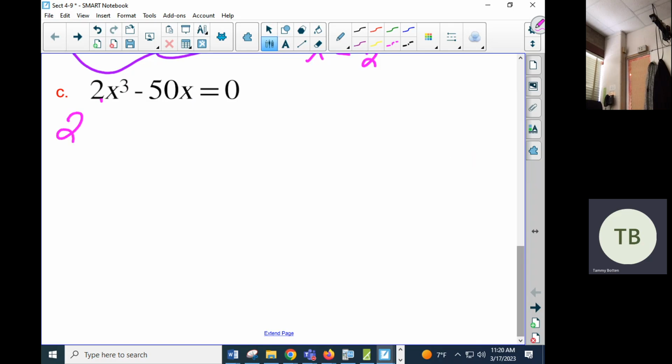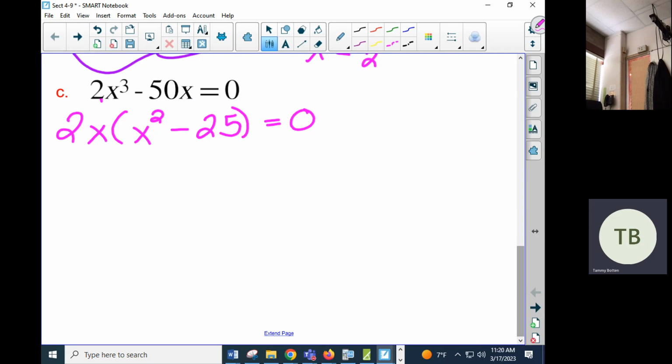And do you see how this has 3 x's and that has 1 x? I can take 1 x out front. And then I think 2x times what gives me 2x to the third, and that's x squared, minus 2x times what gives me 50x, and that's 25, and that equals 0.